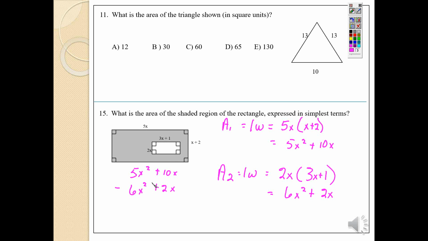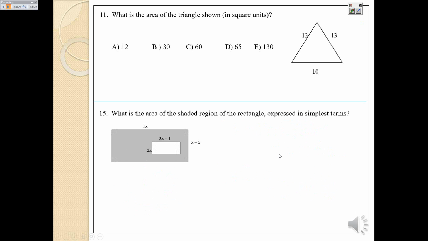So we're going to subtract that. Remember to change signs. We're going to get a negative x squared plus 8x. That's what it looks like. Let's see if that's one of our answer choices. There we go. Negative x squared plus 8x.